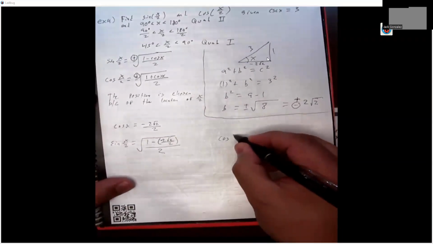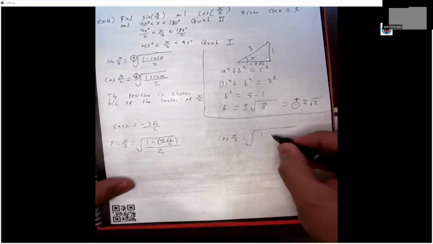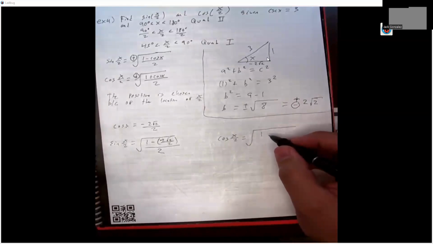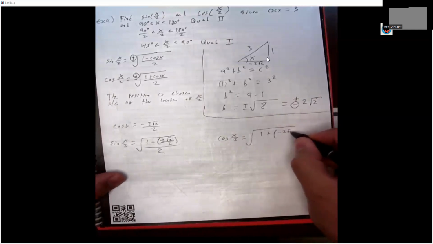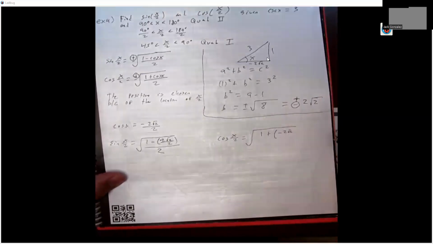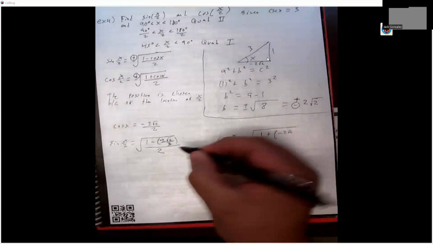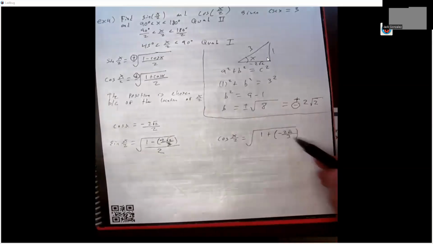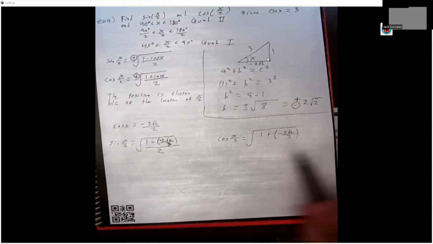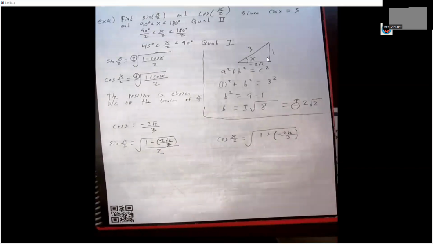Same thing for cosine. It'll be 1 plus a negative. Where did you get to for cosine x in the denominator? That should be 3, right? Oh, here, yeah, it should also be 3. Yeah, I messed it up here and then copied it.